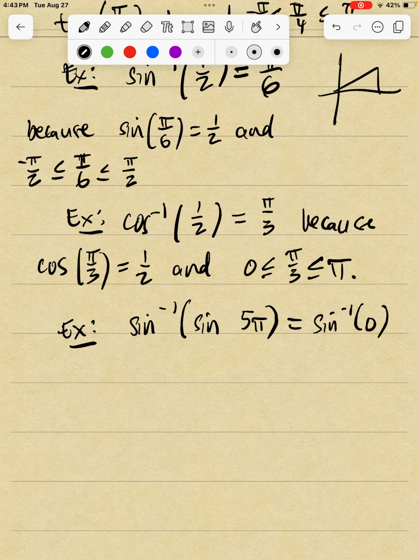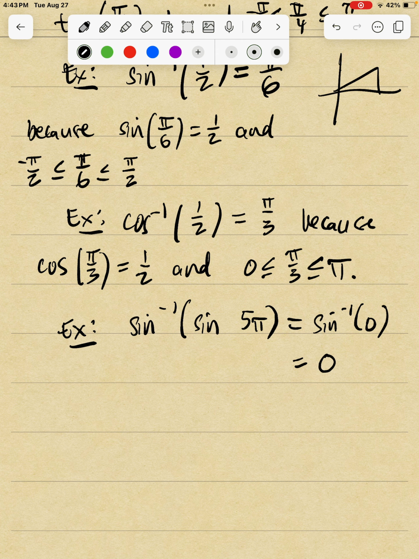So we want arc sine of 0, and that's equal to what? 0, right? So it's not 5 pi. It can't be 5 pi because the values of arc sine always have to be between what two values? Between negative pi over 2 and pi over 2. And 5 pi is not between negative pi over 2 and pi over 2.